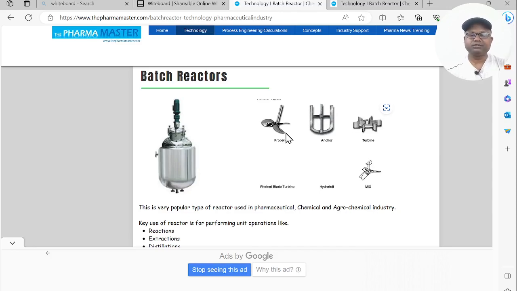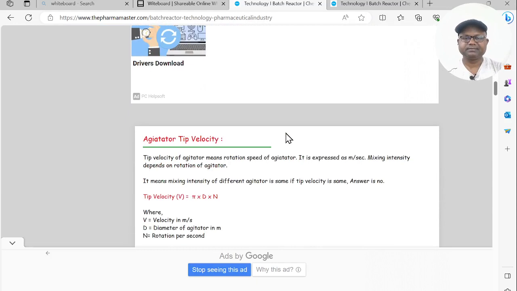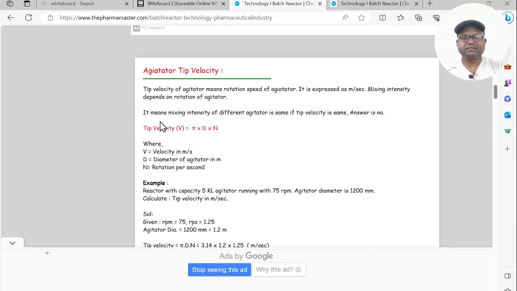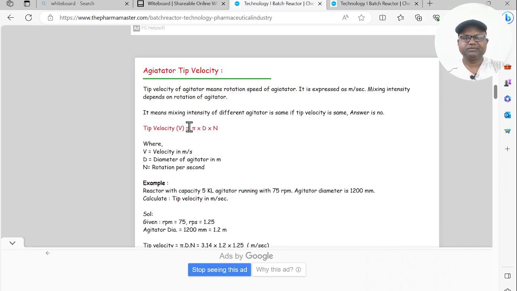Now, coming to the formula. This is the formula of tip velocity: pi D N, where D is the diameter of the agitator and N is the rotational speed in rotations per second. We'll take one example for your understanding.